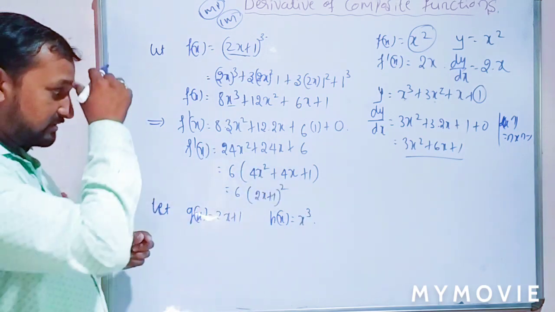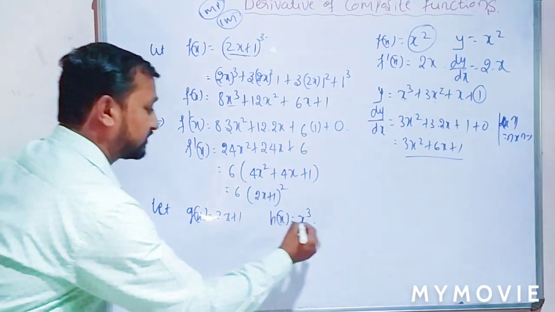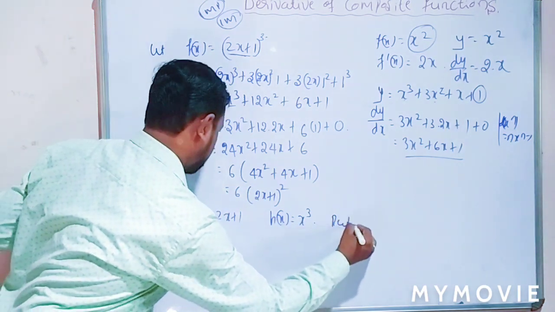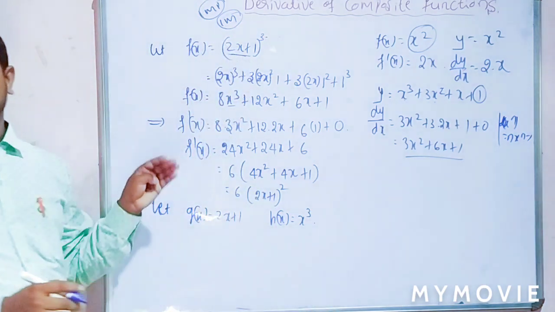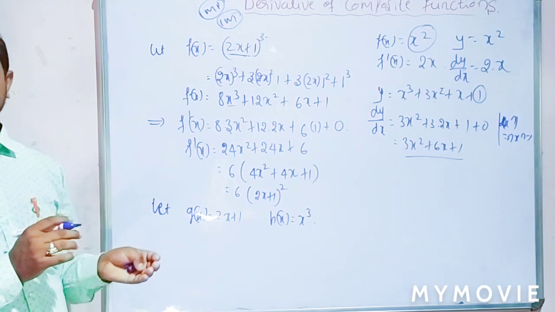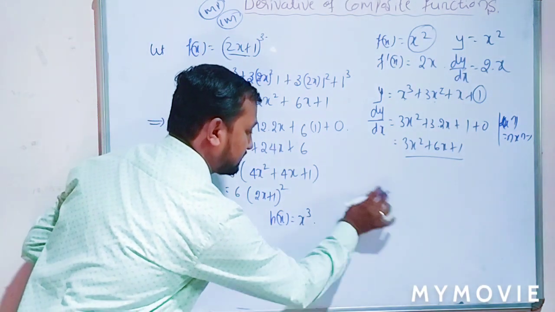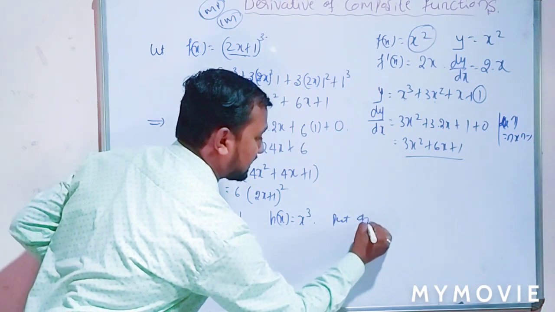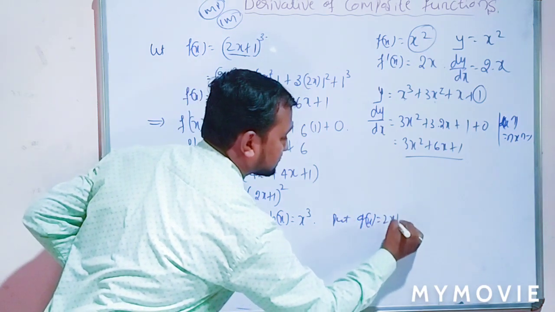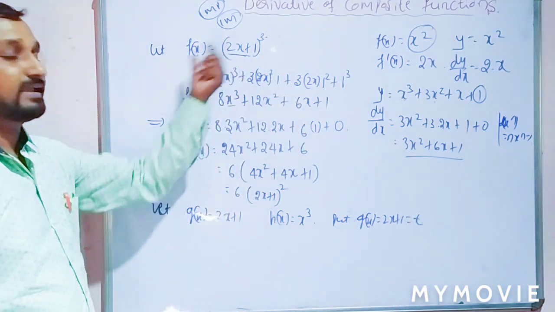Okay. Then we put g of x, what is the composition of function? The composition of function should be f of x is h of t. So we put g of x, that is 2x plus 1, equal to t. 2x plus 1 is equal to t in this function.